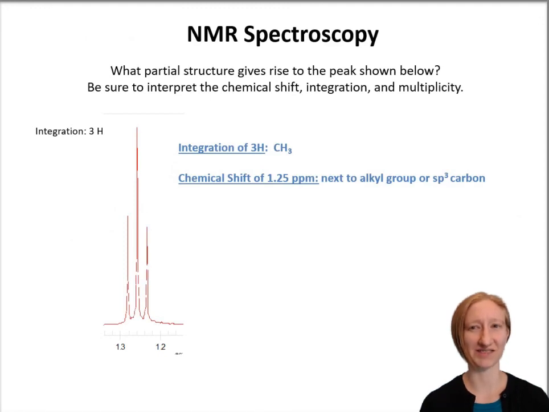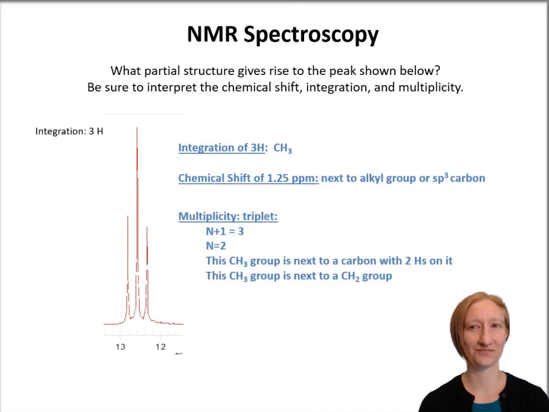Finally, the multiplicity. I see 3 lines in a 1-to-2-to-1 ratio, so this is a triplet. That means that N is 2, or there are 2 protons on the adjacent carbon. Another way to say the same thing is that this CH3 group is likely bound to a CH2 group. And that description gives us our partial structure, a CH3 group bound to a CH2 group.